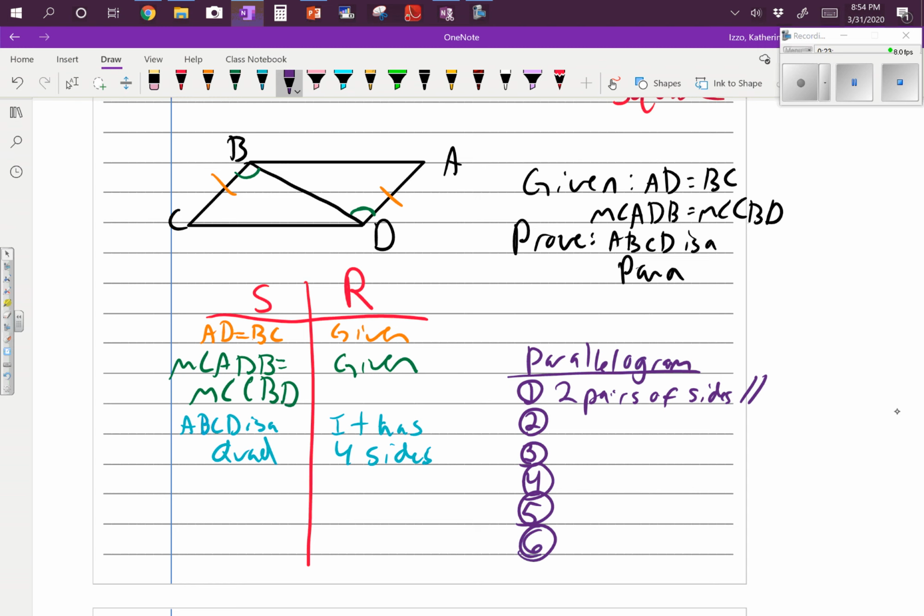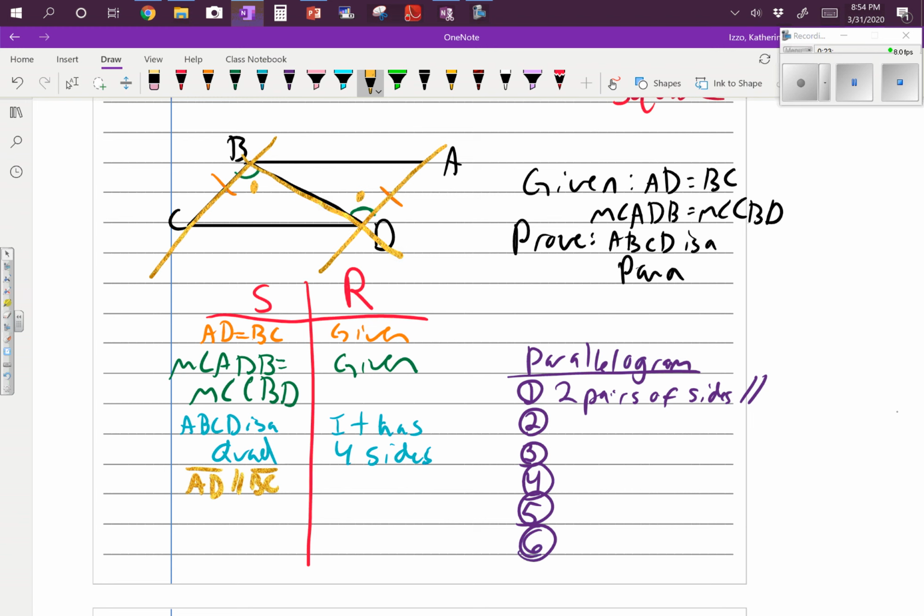What can I do? Well, I've got angles here and here. So I want to prove that this side is parallel to this side. If I use BD as my transversal, I have this angle and this angle right there. So I can say AD is parallel to BC because of the angles.